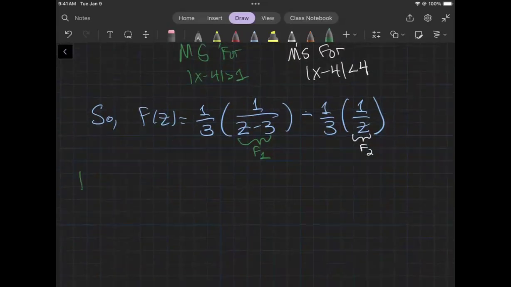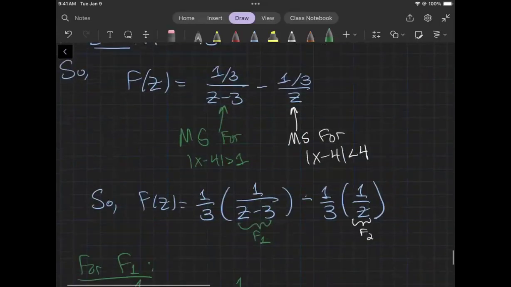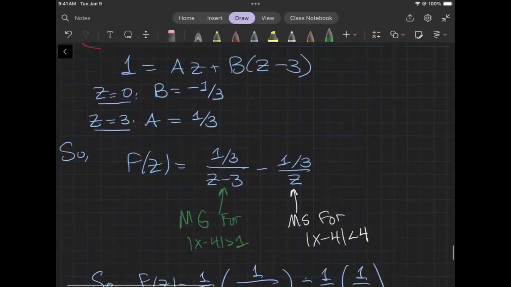All right, so for the first quantity F1, we can express 1 over z minus 3 as 1 over z minus 4 plus 1.